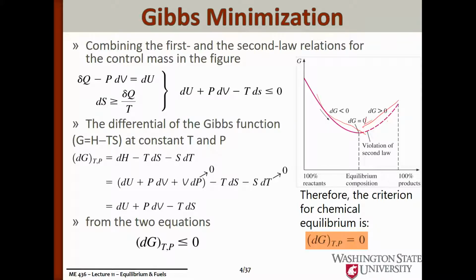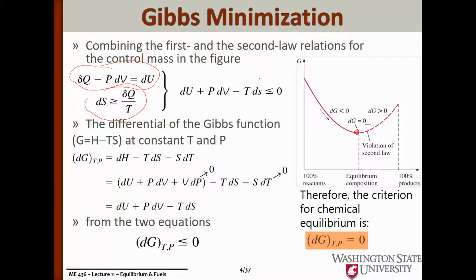We find just the gradient and we take a step in that direction until we fall into the bottom of the cup. So how is Gibbs related to entropy? Well, we have the principle that entropy always has to increase, and we have our first law, which is saying that the heat into a system minus the work out of a system is equal to the change in internal energy.